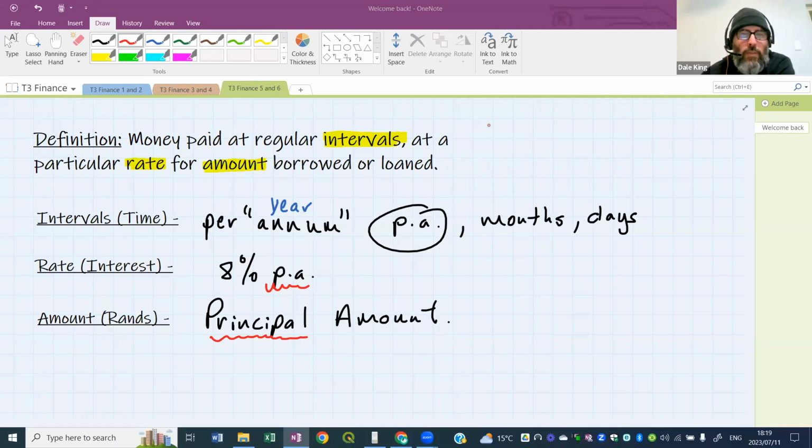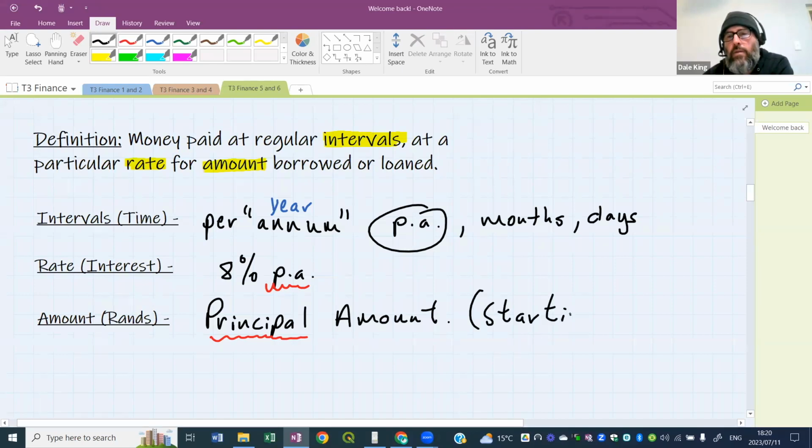It's the first step. So the principal amount is the starting amount. So I'll put in brackets, the starting amount. All right. When you invest at a bank, the principal amount is the starting amount.